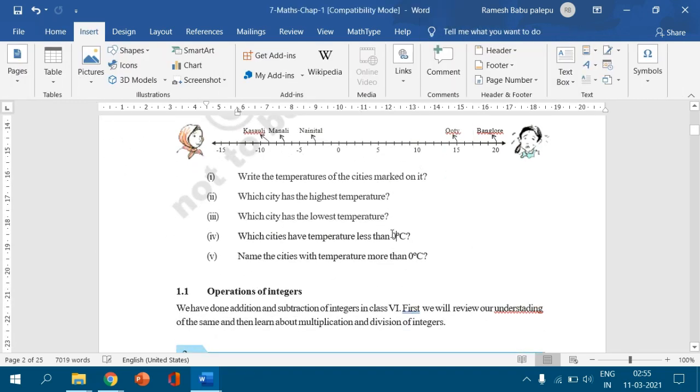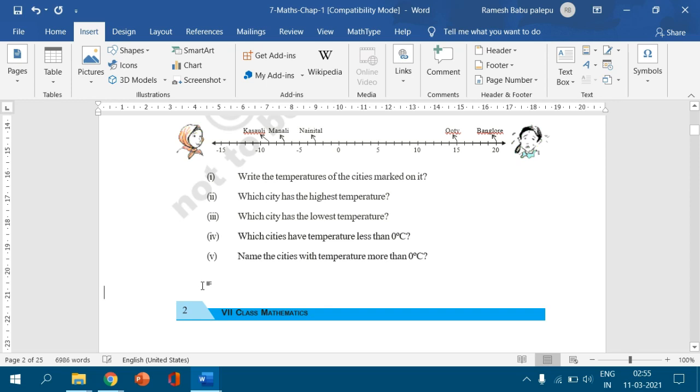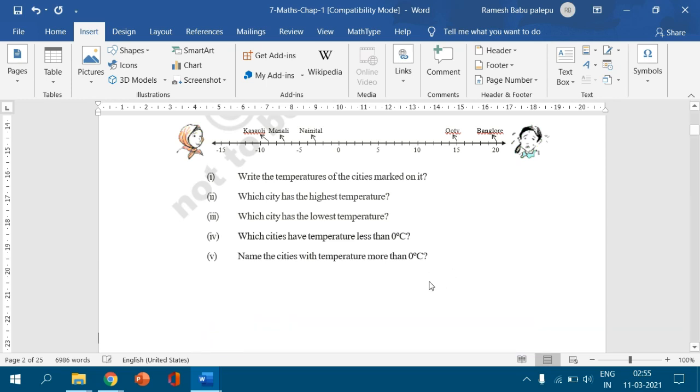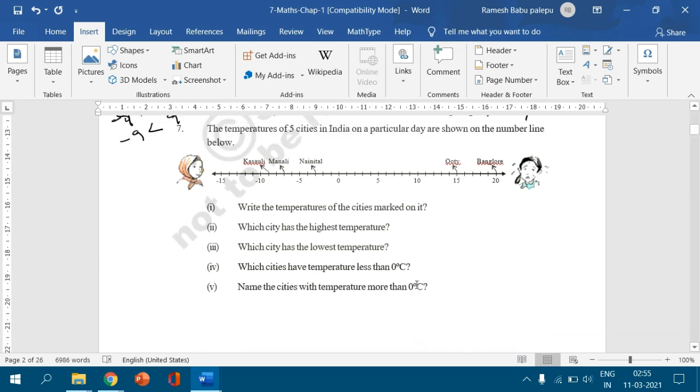Right here, they are giving something. I will clear this one. So on the number line, he is giving some of the cities and their temperatures.